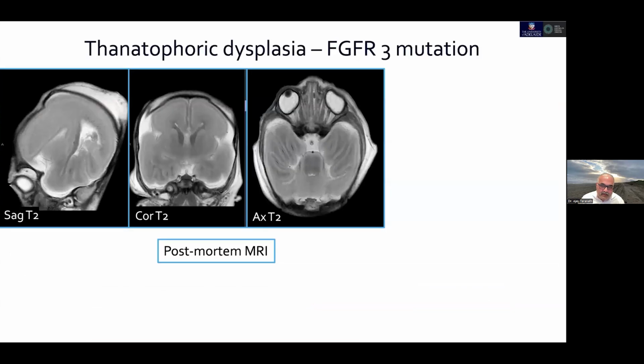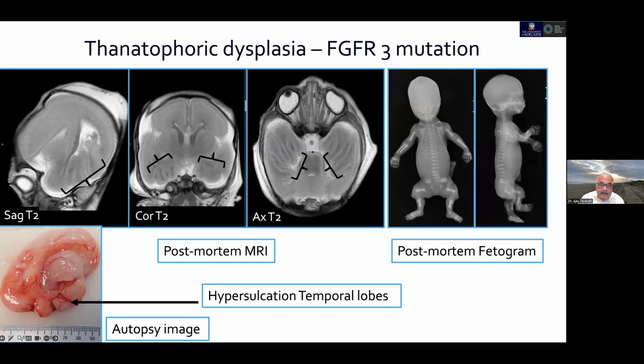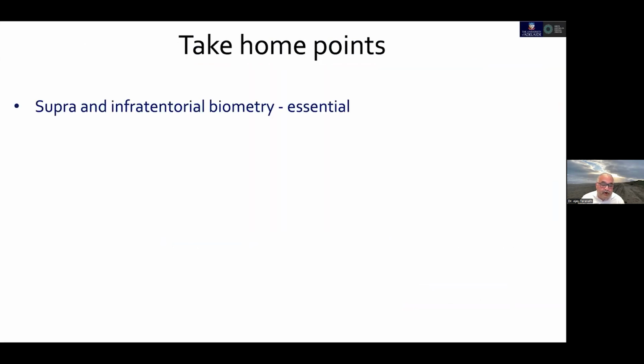This is a postmortem MRI that shows again the bilateral temporal lobe hypersulcation, and an FGFR3 mutation was identified. That's the autopsy image that shows the accessory sulcus in the temporal region, and the fetogram that shows all those changes of rhizomelic dysplasia.